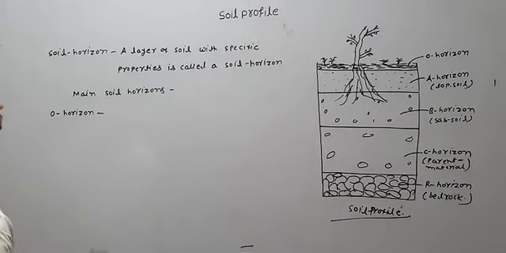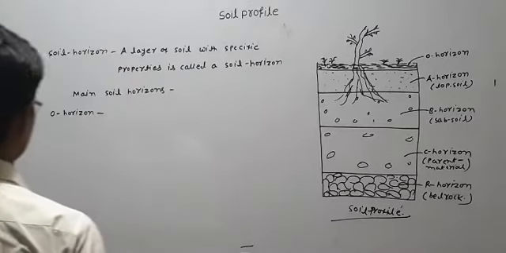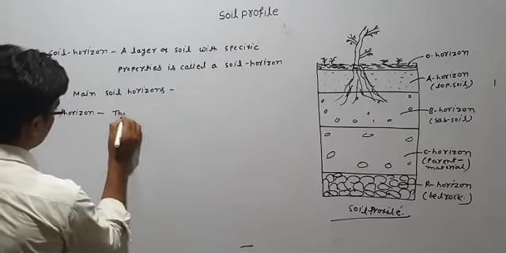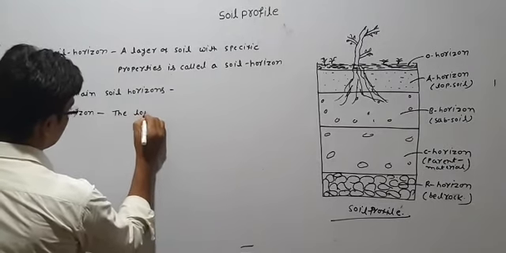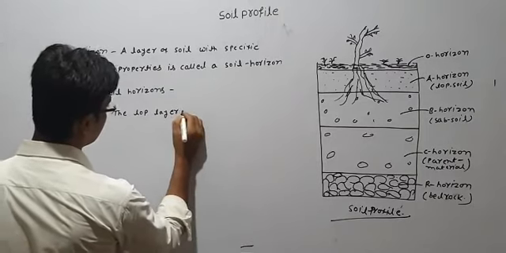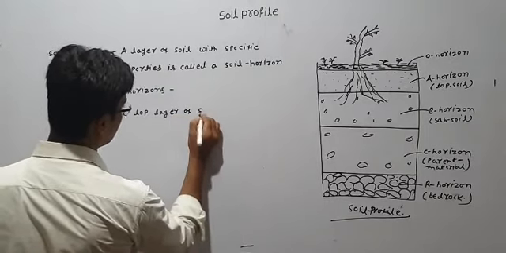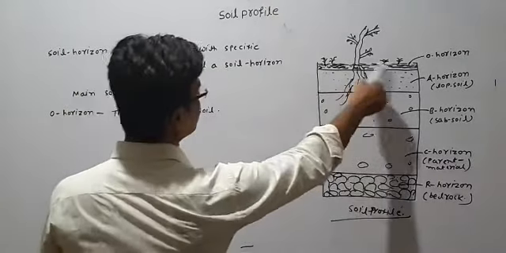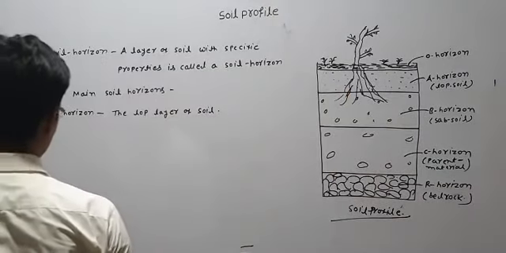First one we have O horizon, at the top level it is present. So simply write down the top layer of soil. This one is present at the top, O horizon at the top layer.